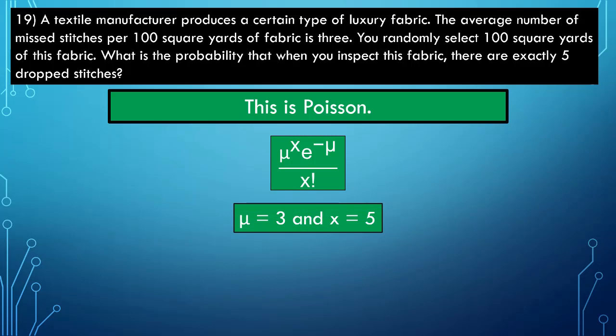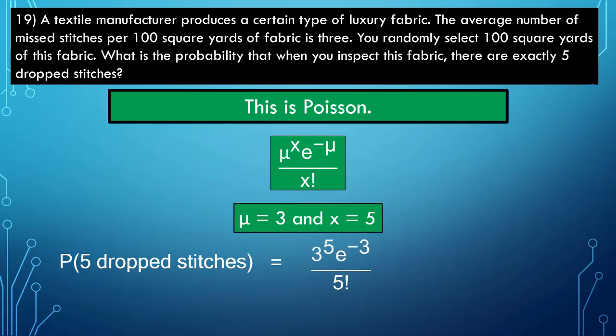So that's going to be 3 to the 5th, e to the negative 3rd over 5 factorial. And when we simplify this, we get 0.1008188134. Rounded is 0.1008. And that is the probability that we find exactly 5 dropped stitches.